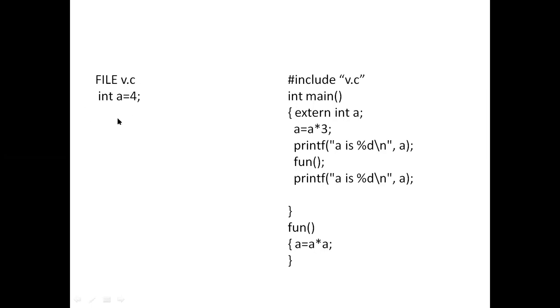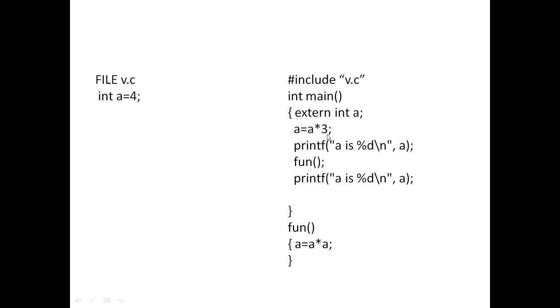In the next program where you write #include stdio.h, you can also include this file. When you include this file v.c, automatically this a = 4 is used in this program. Even if you are not writing a = 4 here, it is included with the help of the v.c file.